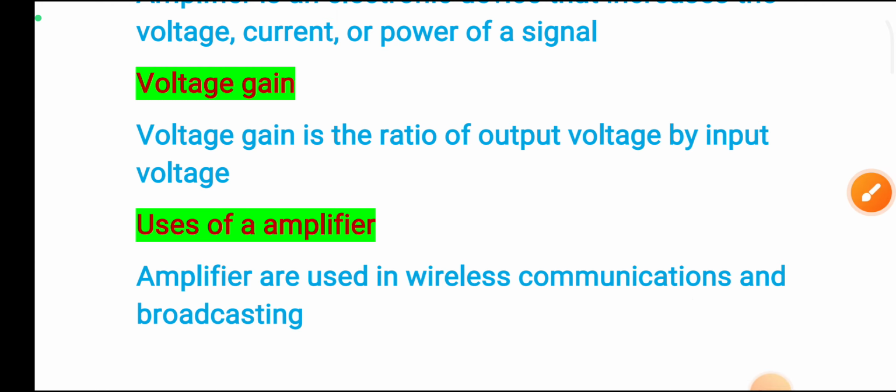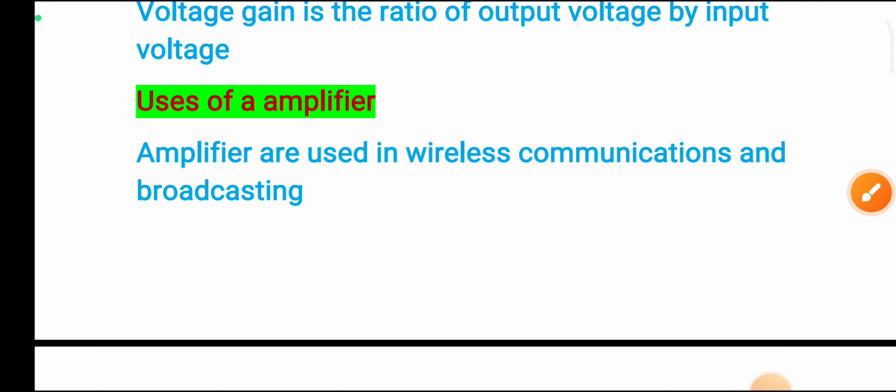Next, uses of an amplifier. Amplifiers are used in wireless communication and broadcasting systems like radio communications, laser communications, TV, and AM (amplitude modulation) communication systems. The amplifier is used in both the transmitter and the receiver sections, because the signal travels some distance from the transmitter end to the receiver end.